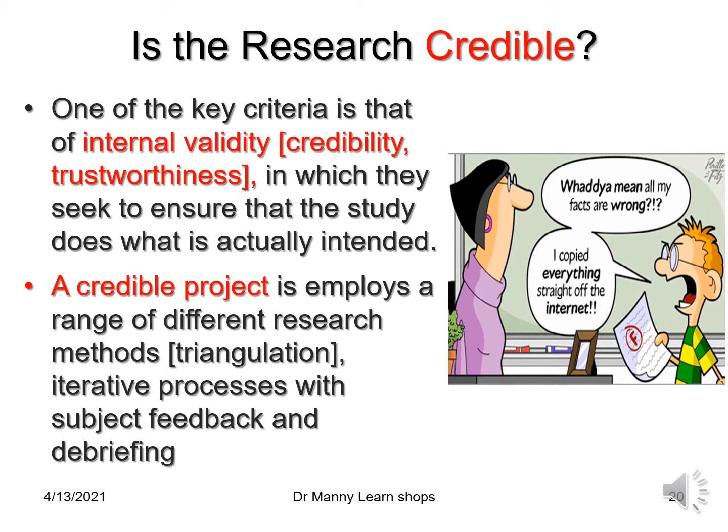A credible project employs a range of different research methods, which we've previously mentioned, called data triangulation. An iterative process, which is cyclic, and feedback to your participants, which includes debriefing.